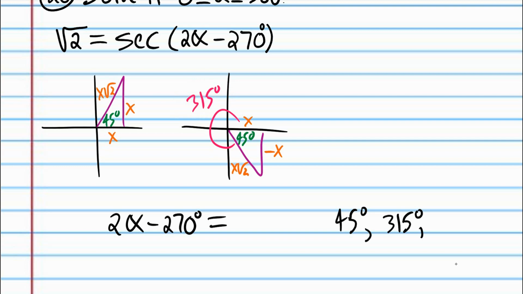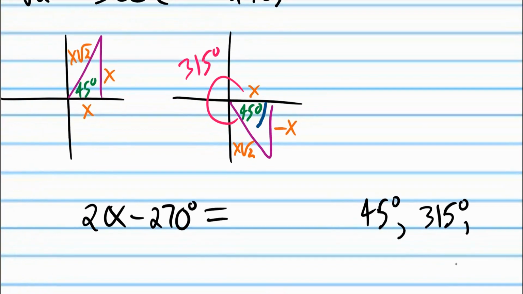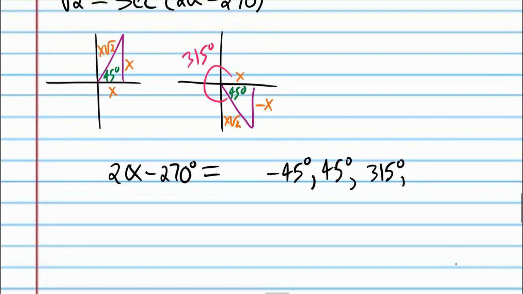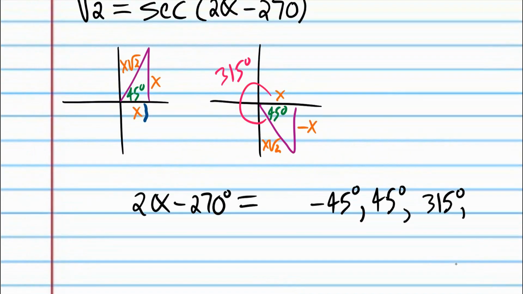We went all the way around 315 degrees counterclockwise. That's a positive angle measure. But what if we go 45 degrees clockwise? That's a coterminal angle. So we need negative 45 degrees.